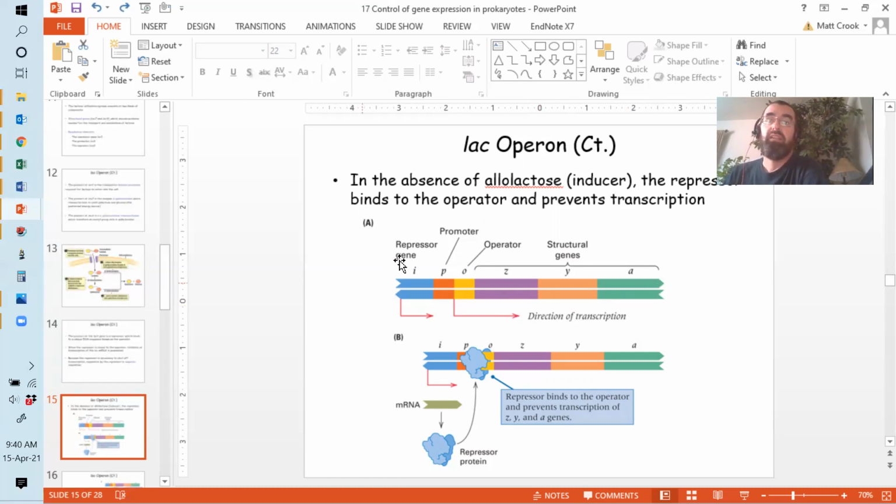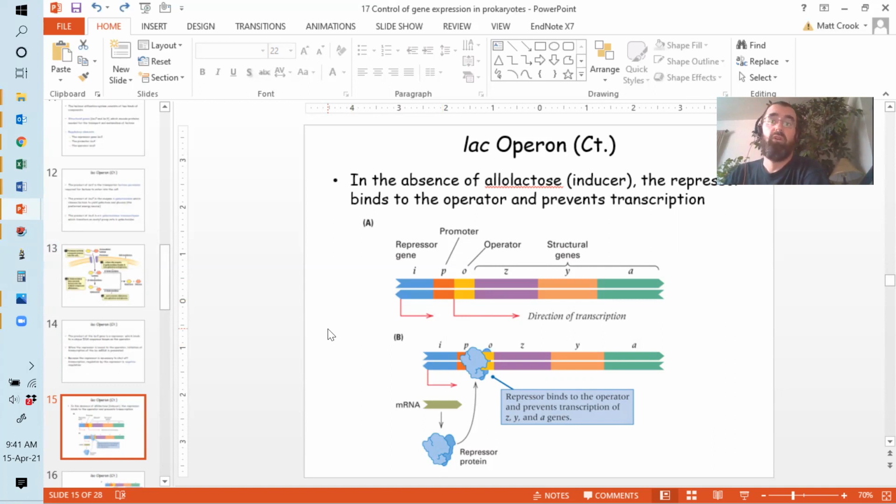The second part is a repressor gene, lacI. Now this doesn't in general have to be right next to the operon, but in this case it is. But it's a separate gene and it is produced constitutively, which means it's produced all the time, right? And so this encodes a repressor protein called LacI that binds to the operator and prevents transcription.